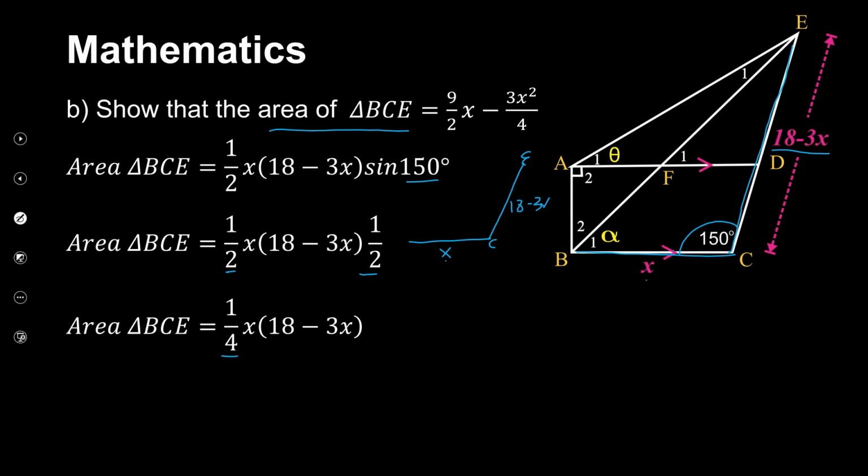We get a quarter. Just doing some algebra, a quarter of 18 is 9 over 2, and a quarter times 3 will give us 3/4. So we end up with the area of triangle BCE as 9 over 2 x minus 3 over 4 times x squared.